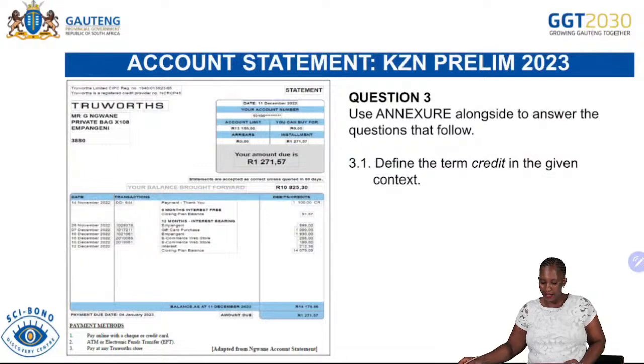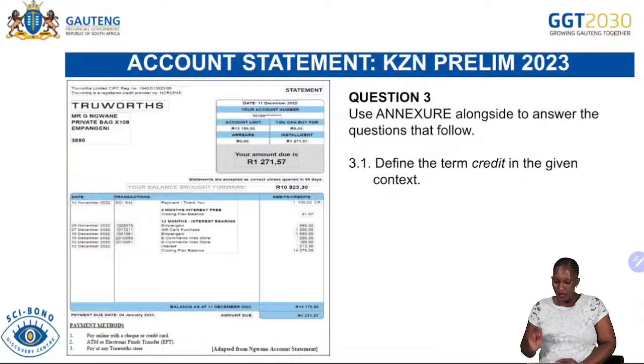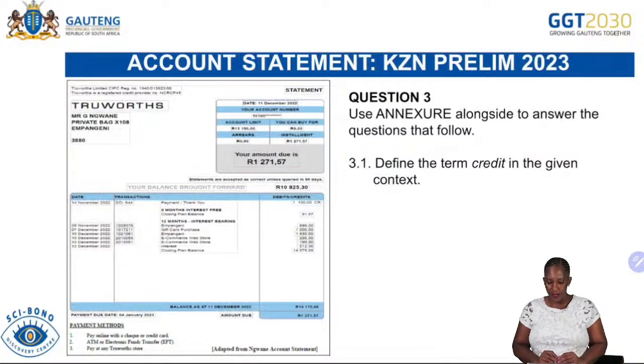Question number 3. Now with question number 3, it says, okay, this one is a truth account statement. Use the annexure alongside to answer the questions that follow. Define the term credit in the given context. Now, when you look at this, it's a Truth account.